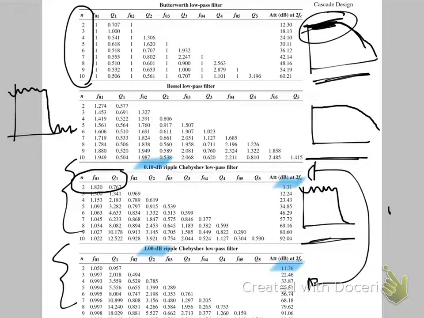And this column is the frequency of the table that you must multiply your cutoff with. As we said, if we wanted a 100 kilohertz cutoff and we want a second order Bessel there, that means we would be designing for 127.4 kilohertz. So that's how that works.